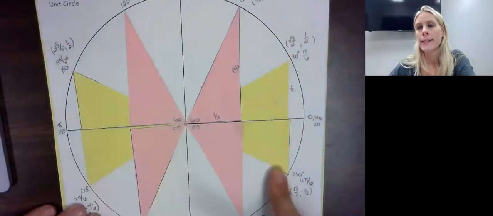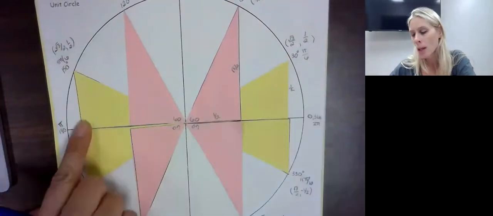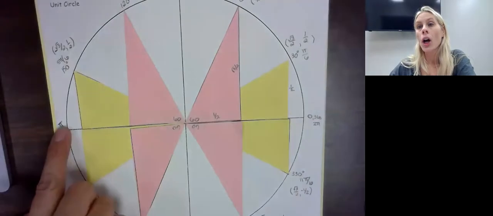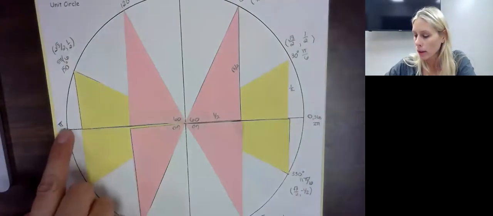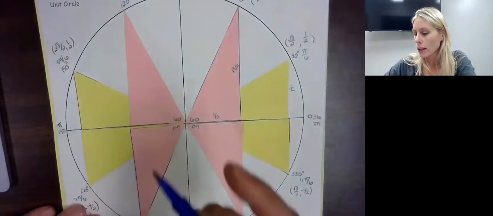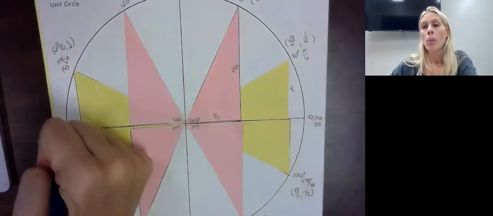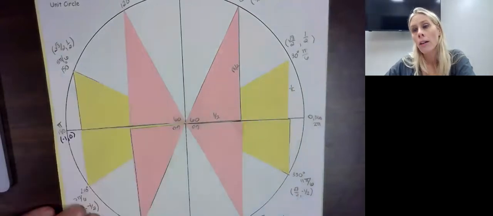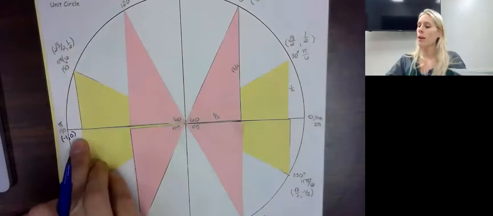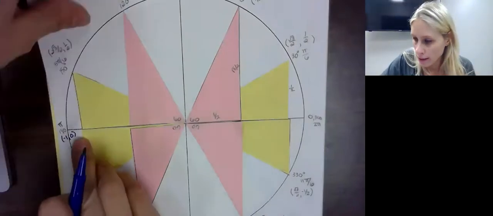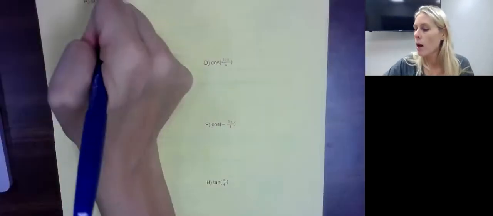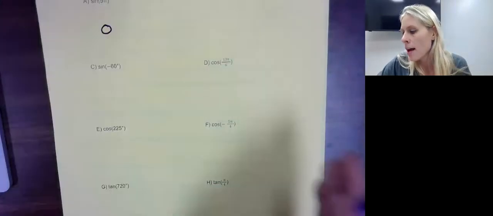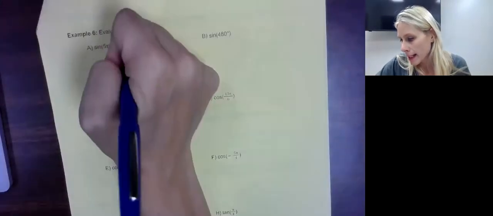So 5 pi is in the same position as pi. Our coordinate pair is -1, 0, but we're looking for sine, which is the second part of our coordinate pair. So sine of 5 pi is 0. If you want to keep note, you could say that sine 5 pi is the same as sine pi, just to keep note to yourself.